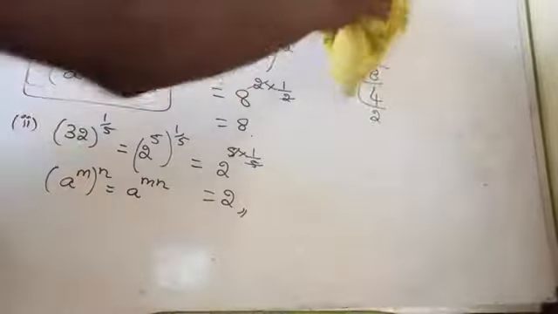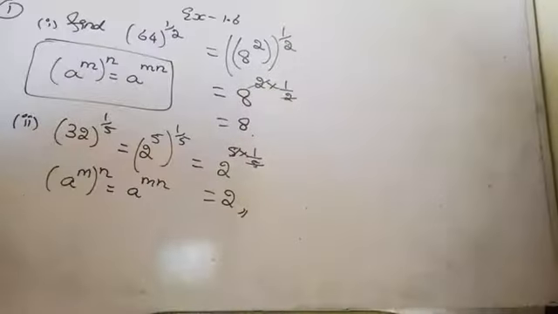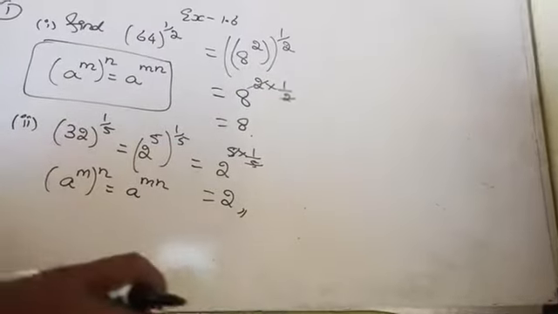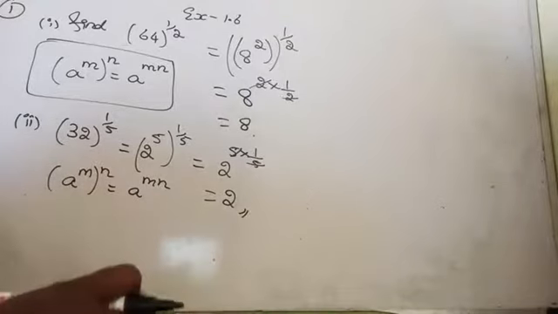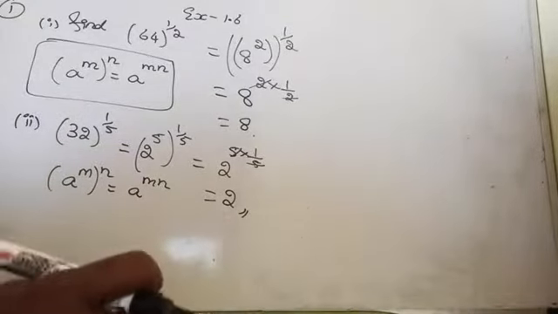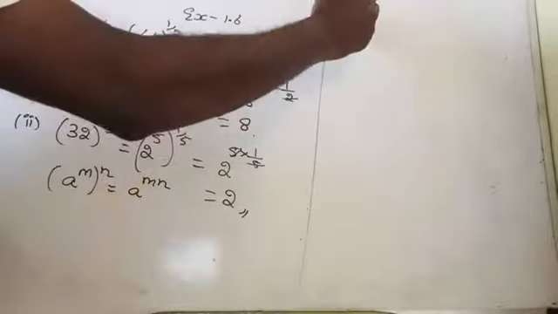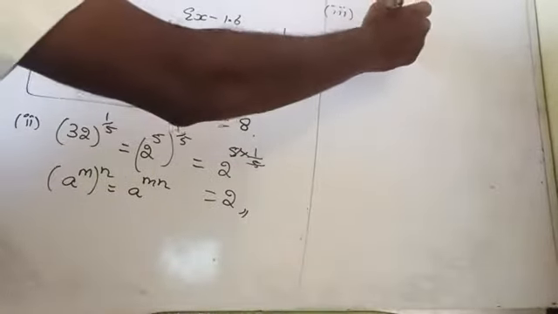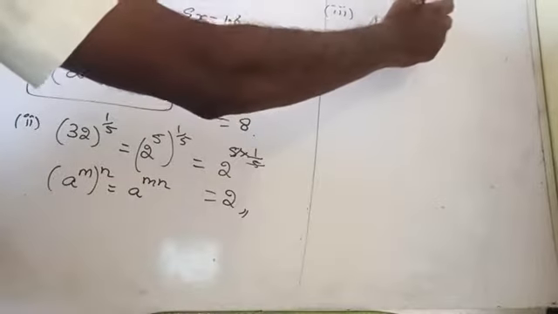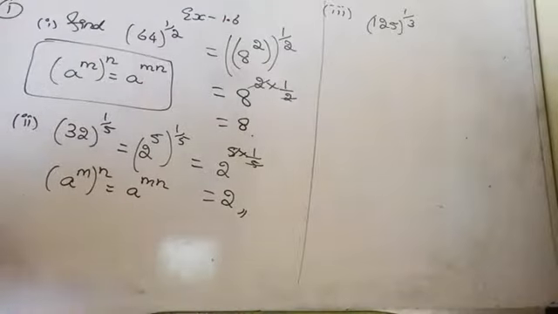Shall we move to the next question then? Question number 1, third part. It is given 125 the whole power 1 by 3. So 125 can be written as, it will not go with the 2 table, it will not go with the 3 table. The next prime number is what? 5.